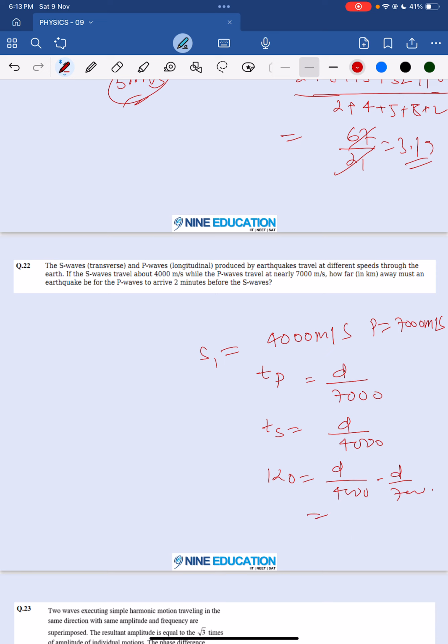So it will be 7000 minus 4000, which is 3000 D, over 4000 into 7000, correct?